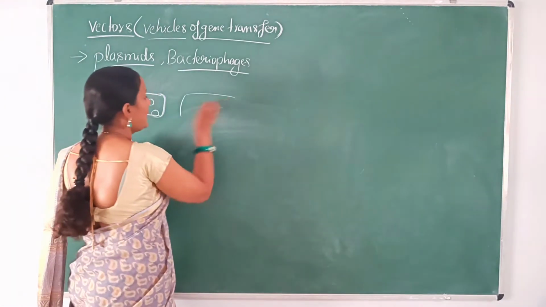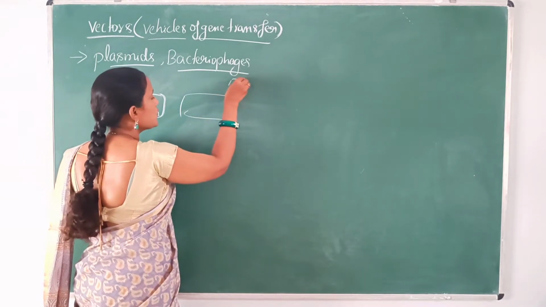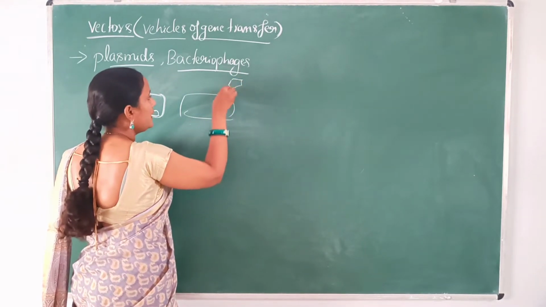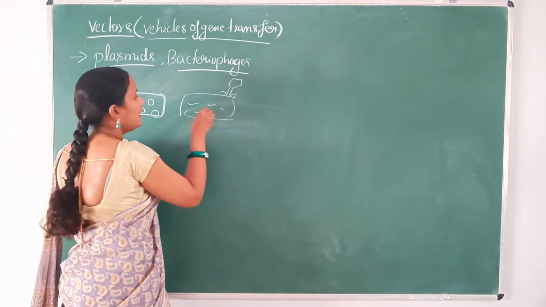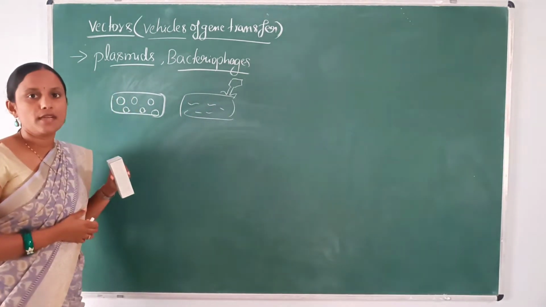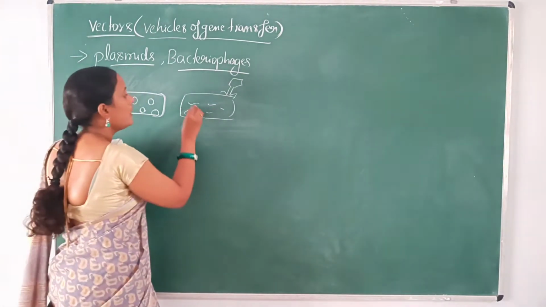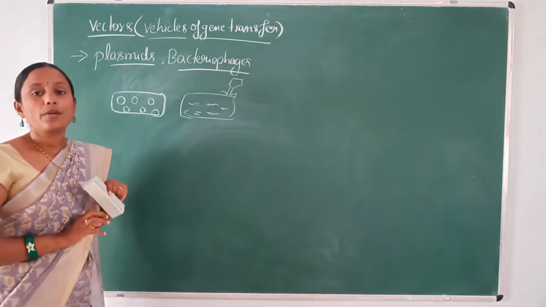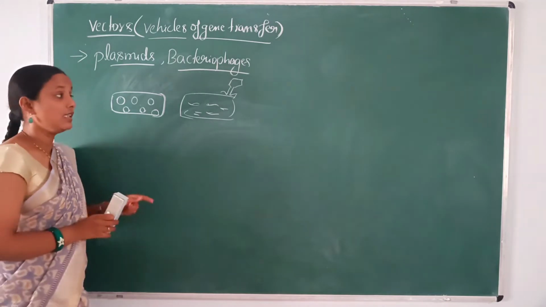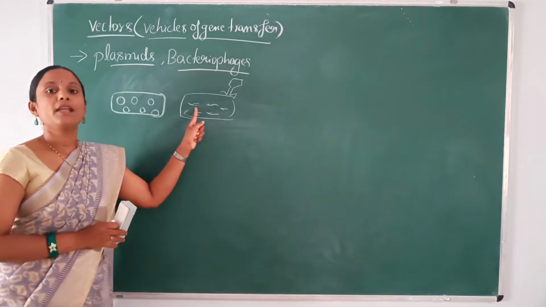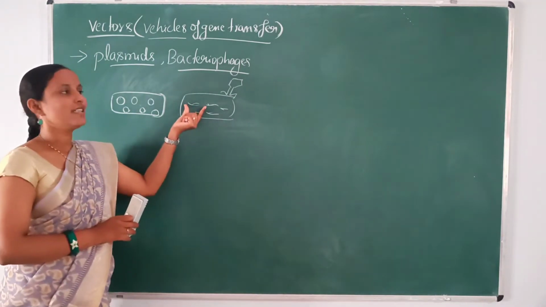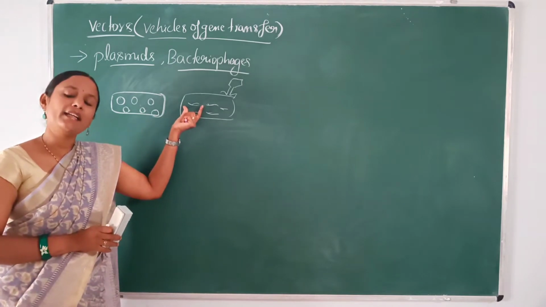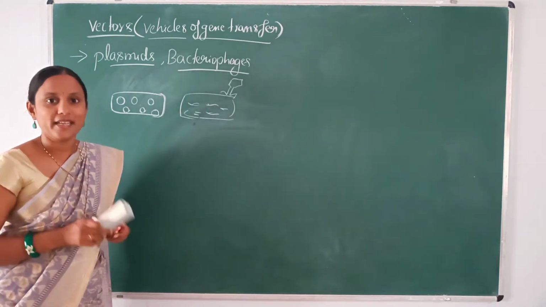Likewise, the bacteriophages. Bacteriophages, when they enter into bacteria, they transfer their genetic material into the bacteria, and there they undergo replication by using the bacterial protein machinery. So that means here also the replication takes place. Whatever the genes present in the bacteriophage DNA will also get replicated.